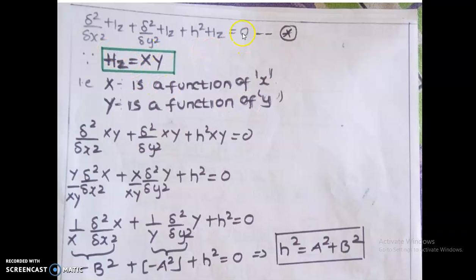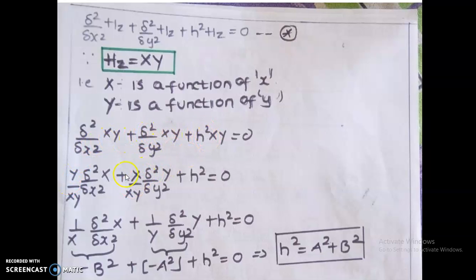Now already we know this equation. Now this Hz should be substituted over here, so I have substituted XY into the Hz. Now as you know, capital X is a function of x, so it's a partial derivative, but y becomes constant. Similarly here x becomes constant.